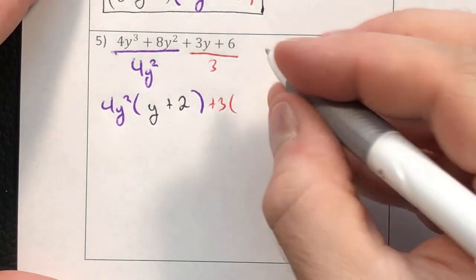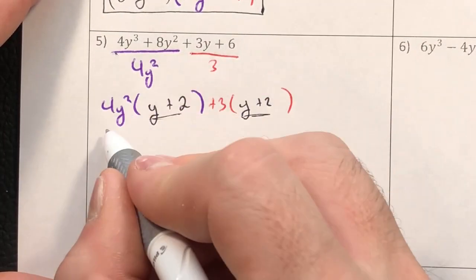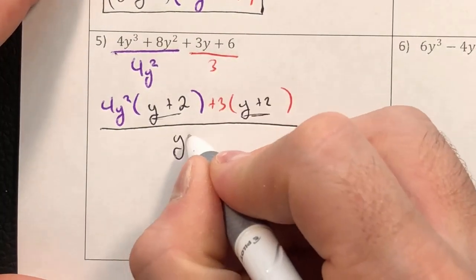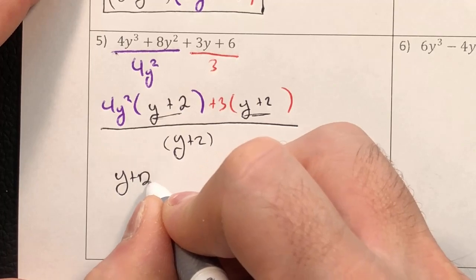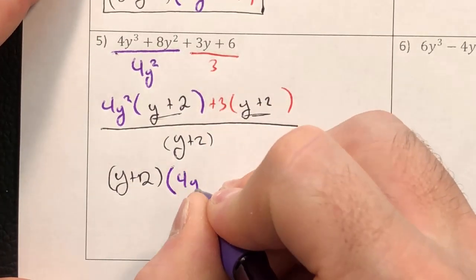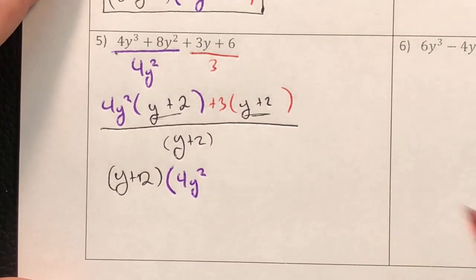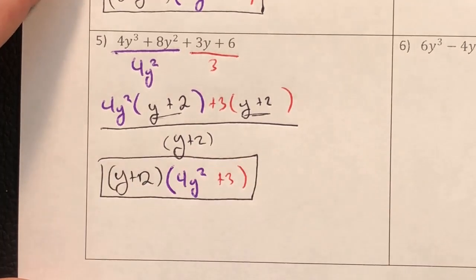And when I divide out the 3, I'm left with y plus 2, which leaves me with a new common factor of y plus 2. So I have y plus 2, and then I have 4y squared plus 3. And there we go. Perfect.